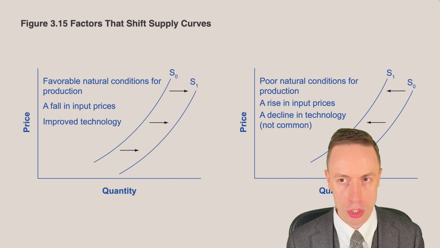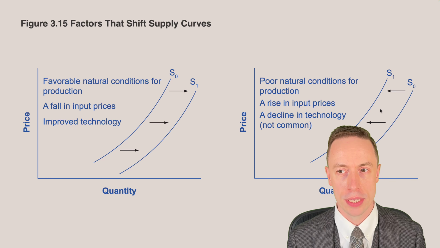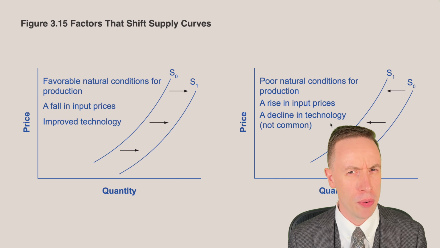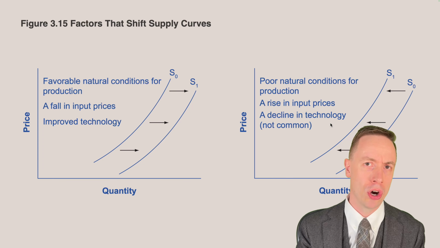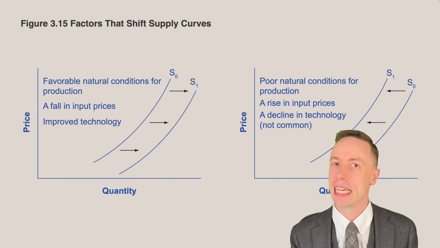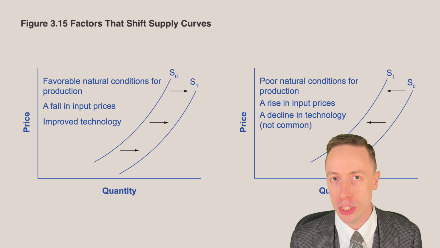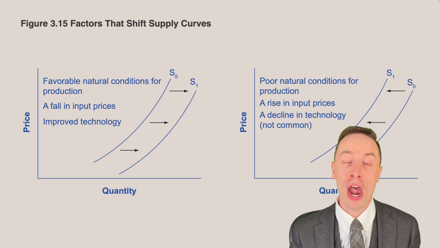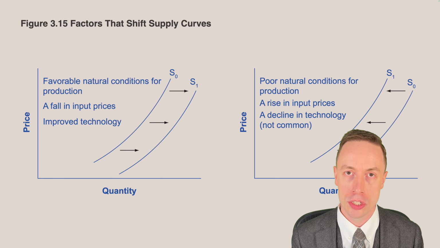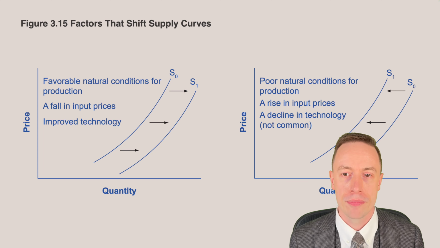Likewise, on the decreased supply side, we might have rising input prices, but the technology story would be very uncommon here. We'd basically be talking about forgetting how to do something as a society, a sort of dark age of humanity story, perhaps for some type of historical analysis that could be interesting though.